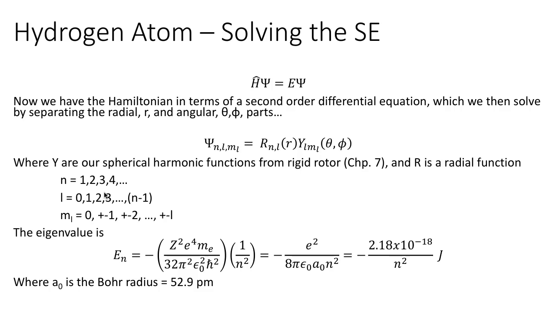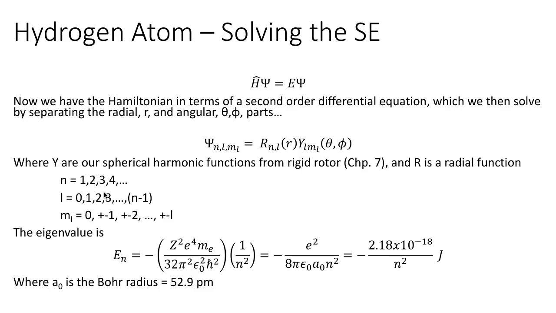We're left with Y, a function of l and m sub l. That was our solution from the rigid rotor, the spherical harmonics, so you can look up those functions in the book. And then we get a new radial function, which is a function of n and l, and of r. So both of them are functions of two of the quantum numbers.